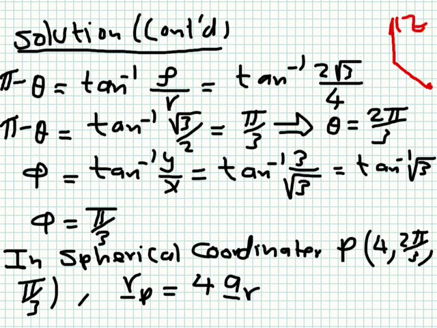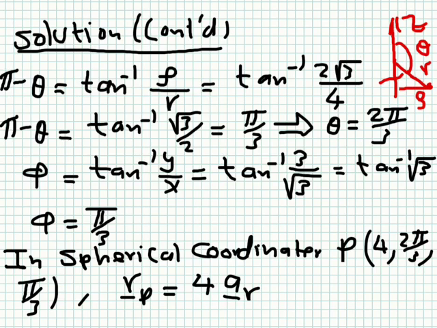So this is theta, and this angle here is pi minus theta. If you draw here, you see that this is rho, and this is r. So the angle pi minus theta has a tangent of rho over r. So pi minus theta is equal to inverse tangent of rho over r. And don't get a wrong answer here. We're actually solving for pi minus theta, not for theta, because theta is greater than 90 degrees.